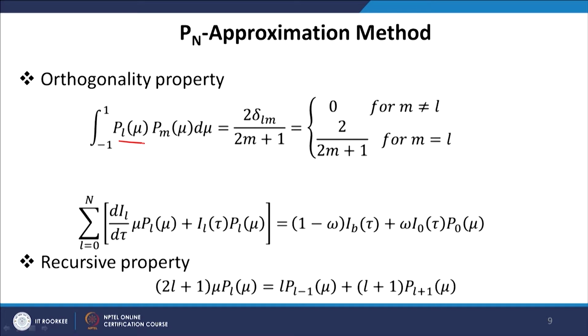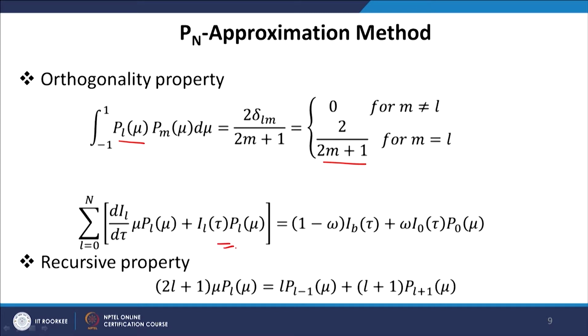This is the orthogonality property of these special functions. If the values of L and M are the same, then the value of the integral is 2 over 2M plus 1. So, we substitute the expression of intensity in the radiative transfer equation, and what we get is this equation.